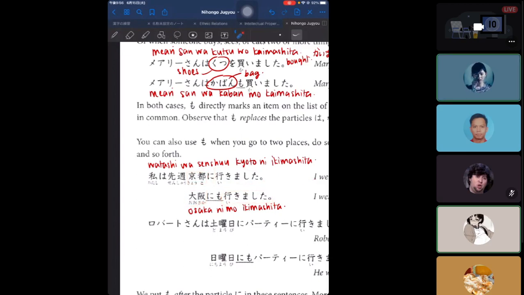So even though it's two different places, you can still use mo.